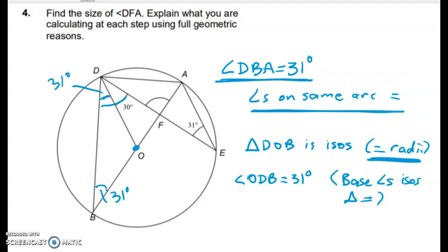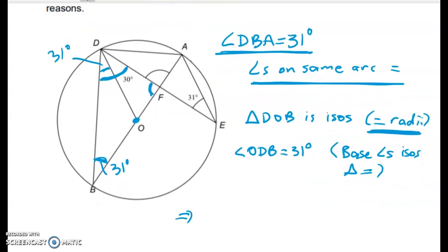Now that means that I know this angle here must be 61 and this one's 31. So I can now find this angle here. So angle BFD is equal to 180 minus 31 minus all of that.